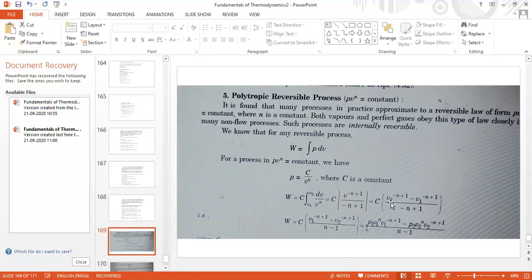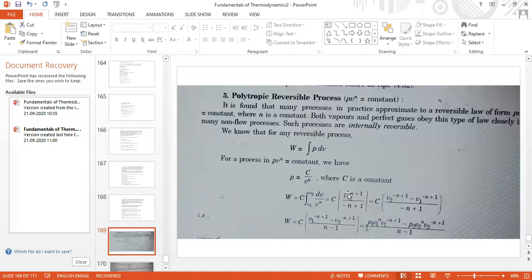So here 2 comes, here 1 comes. So that means, for example, if it is x^(n+1) by n+1, this should be written as x2^(n+1) minus x1^(n+1) by n+1, like that. Like that, here instead of x, there is volume.